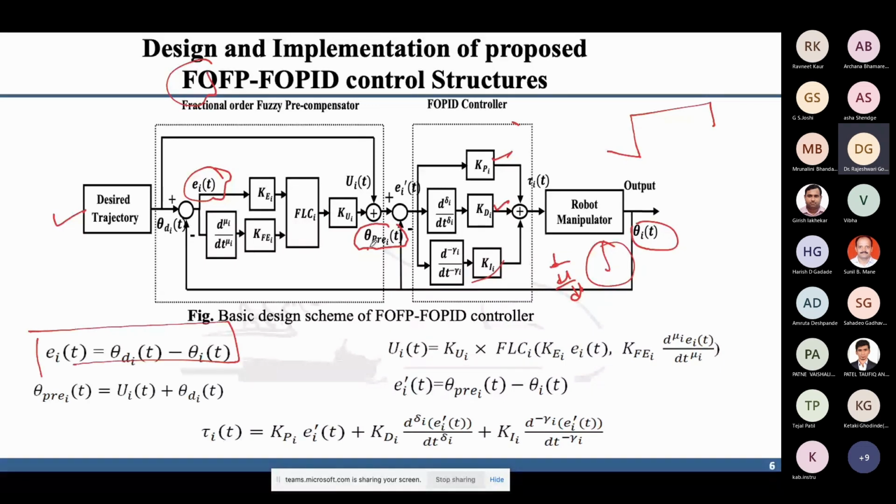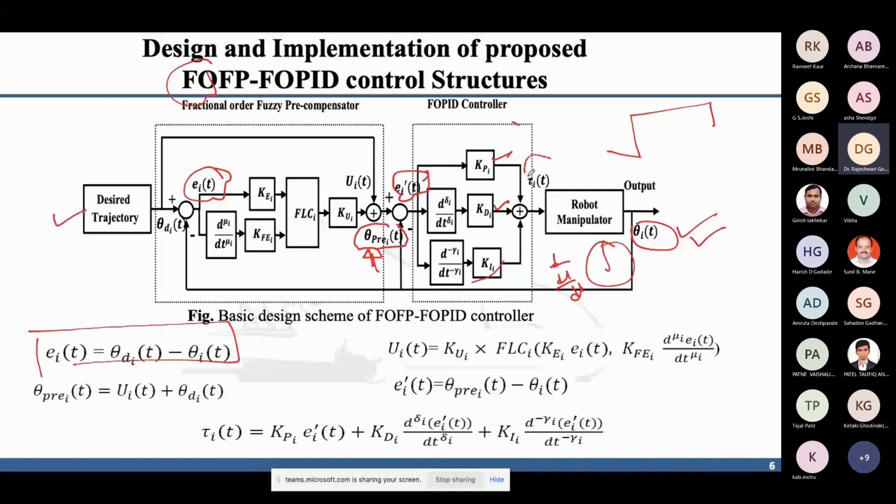That is your theta t reference input, and this is your theta t output, the obtained output. Again it is differentiated, and we get some new error, and this new error is fed to your FOPID controller, and this FOPID controller generates some control signal.